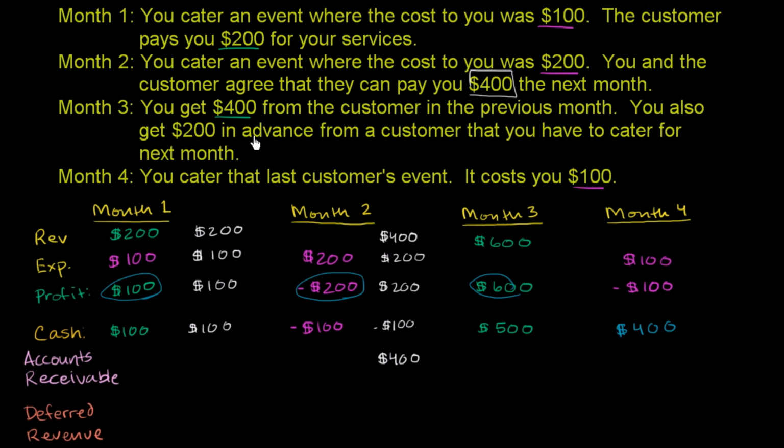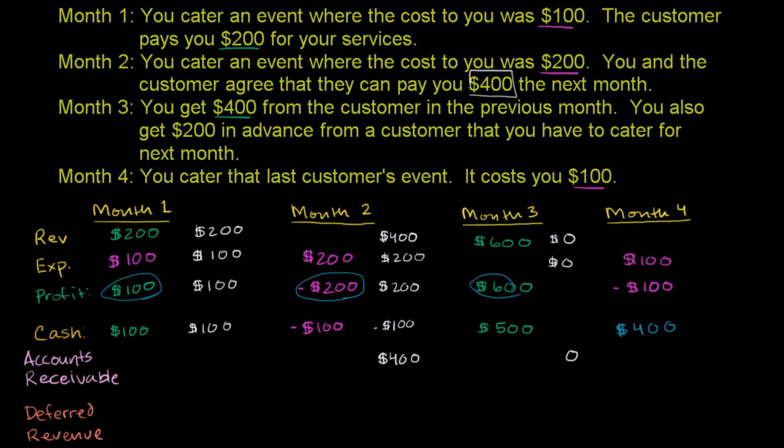You also get $200 in advance from a customer that you have to cater for the next month. So you did no catering in month three. And because you did no catering in month three, you have zero revenue in month three, and then you also have zero expenses. The way that you account for the $400 that you got is that your accounts receivable goes to zero, and that goes to cash, so that the negative $100, you add $400 to it, so it'll become positive $300.